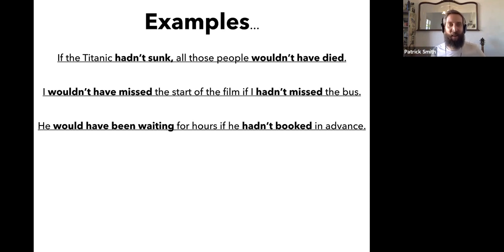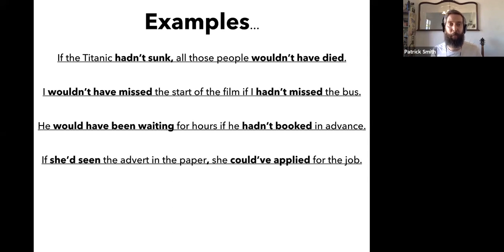So we've got the modal would and then have been ing. Any dynamic verb you could use with that ing part: would have been listening, would have been waiting, would have been speaking, whatever. But you've still got the past participle. Been is the past participle, and then we follow it with an ing verb.